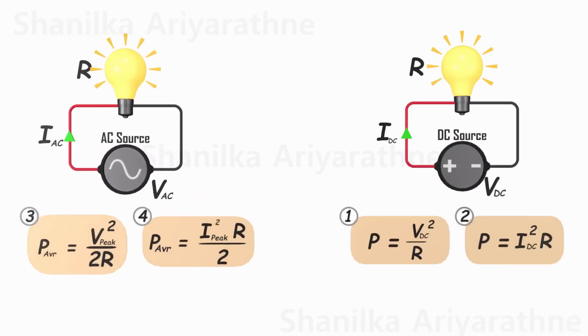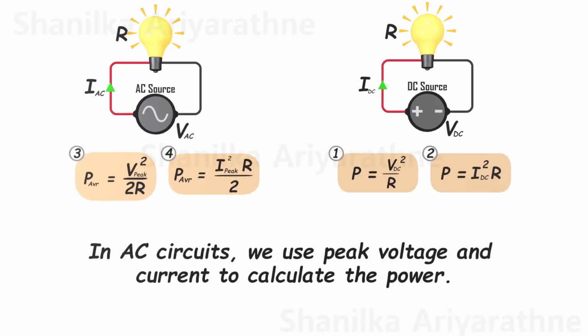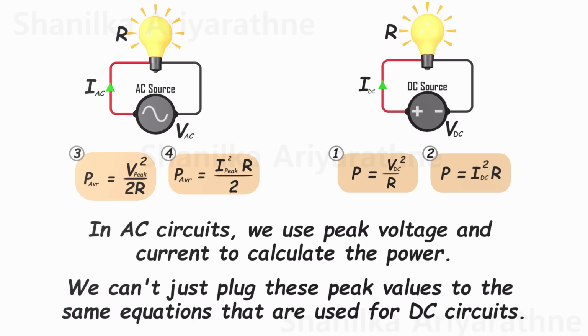Now, let's compare all the equations we've derived up to this point. These are the methods to calculate power in AC and DC circuits. In AC circuits, we use peak voltage and current. But here's the catch. We can't simply plug these peak values into the same formulas we used for DC circuits. We have to derive separate equations for AC, as demonstrated here.